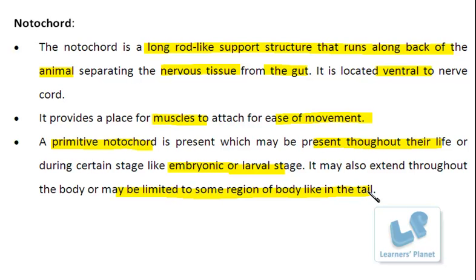Or it may be present only in the cephalic region, that is the head part. So it depends whether it is present all along the body, or limited to different parts. And depending upon this, the group Protochordata has been subclassified. Depending on whether it is present only in the tail part or in the cephalic part and so on, right? This is what forms the base for the subclassification of these organisms.